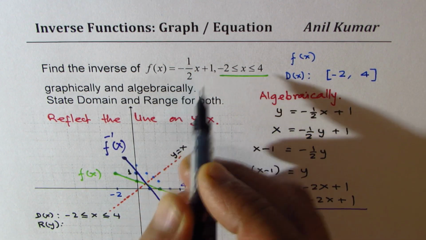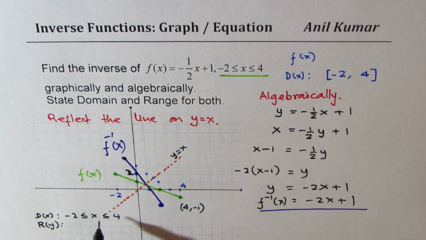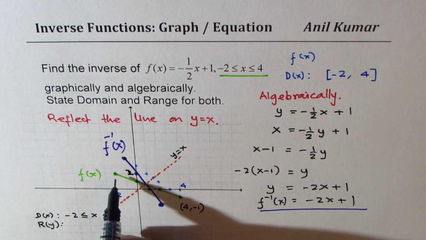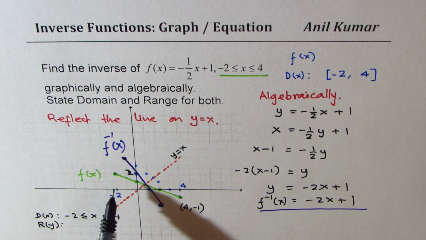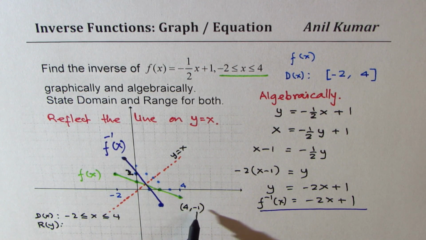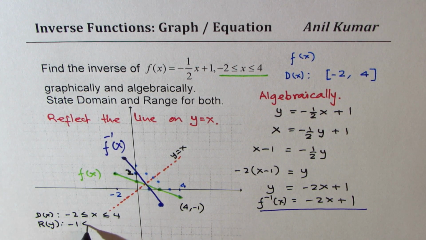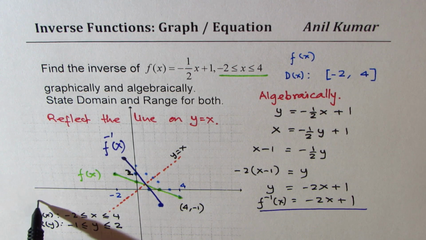So in that case this point here is at 2 and it goes down to minus 1, and therefore the range is from minus 1 to 2. So that is the range and domain for f(x).